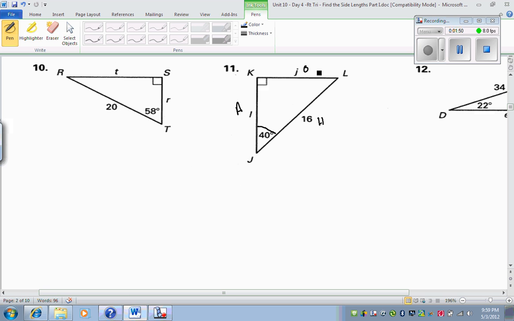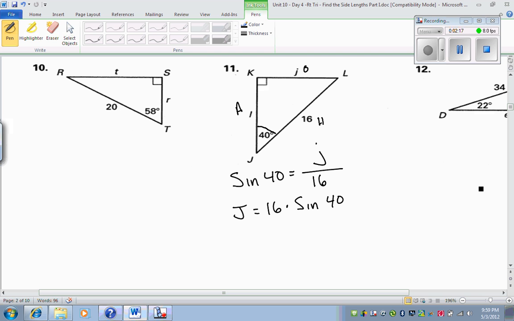Well, J is the opposite. I was given the hypotenuse. And if I remember correctly, that's sine. So sine of 40 is equal to opposite, which is J, over the hypotenuse, which is 16. Then I'm going to cross multiply, and I'll get J equals 16 times sine of 40 degrees.